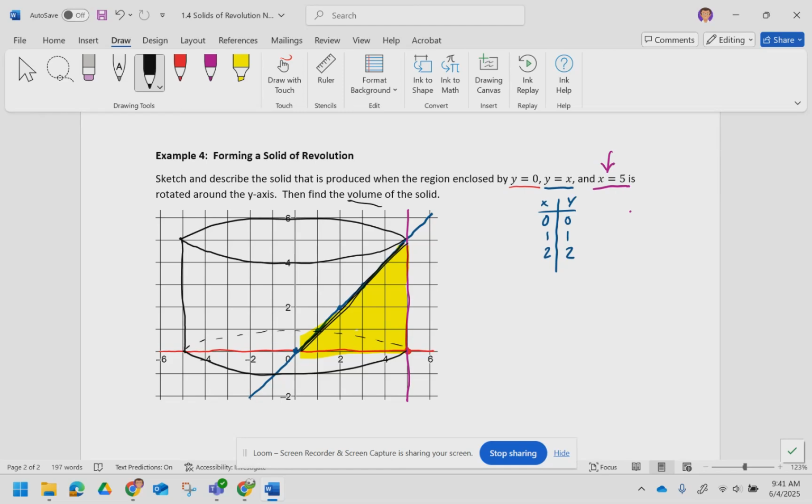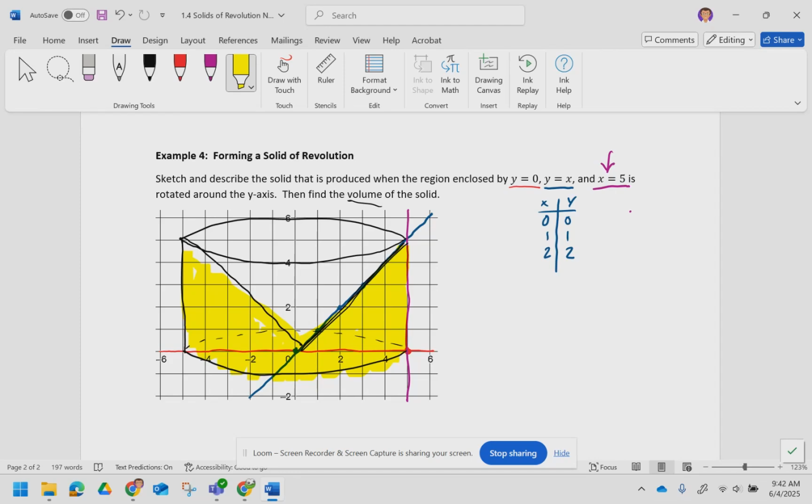So this is going to be a cylinder that has this cone structure that's been taken out of the top of it. So maybe that helps the look of it. But yeah, a three-dimensional cylinder with a cone missing from the top.